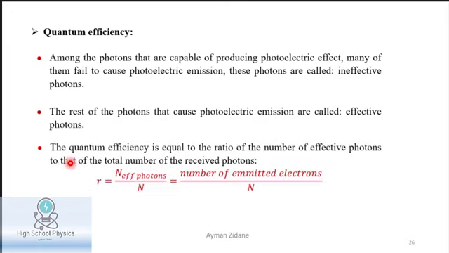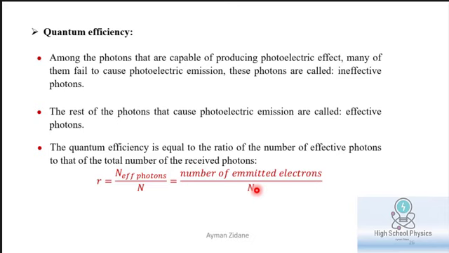The quantum efficiency is equal to the ratio of the number of effective photons to the total number of received photons. So R, or efficiency, equals the number of effective photons over the total number of received photons. We can write the number of emitted electrons over the number of received photons.